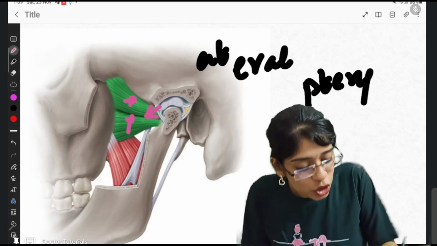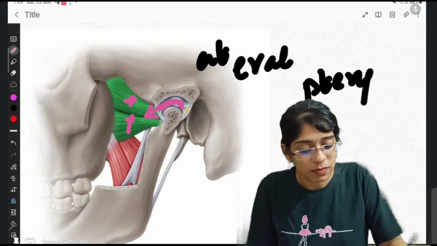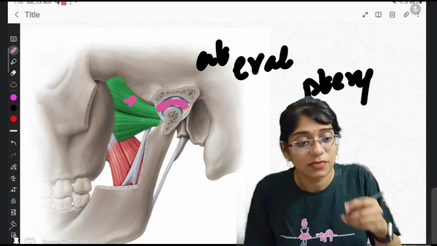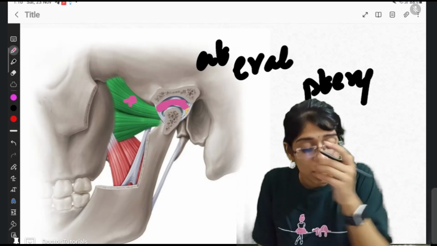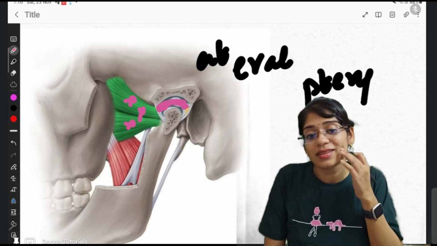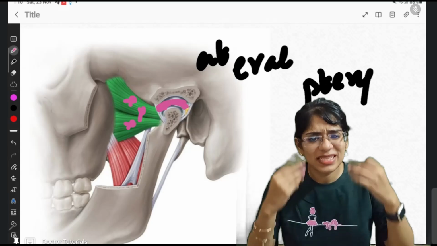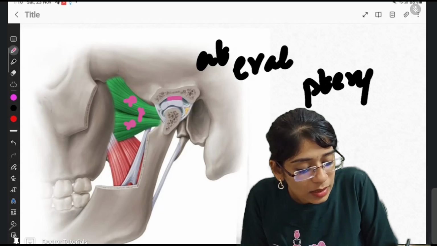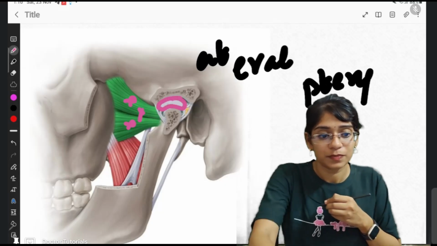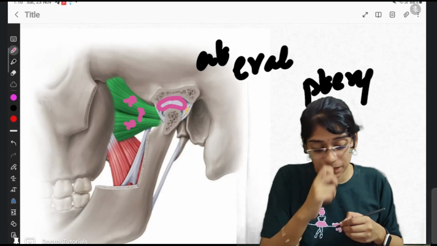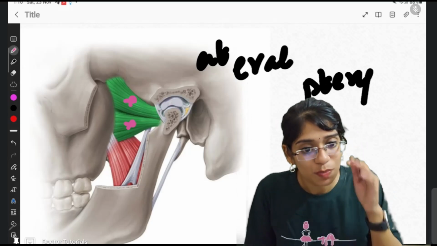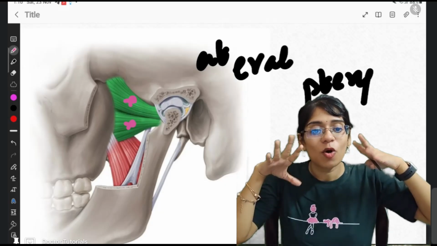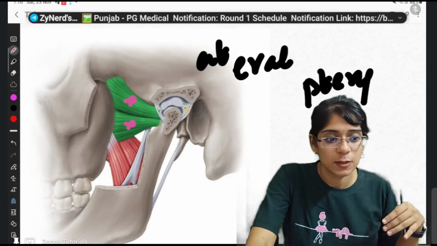This articular surface can get slightly dislodged when there is more tension in the lateral pterygoid, like in yawning. If it's excessive yawning, it can slightly dislodge this articular surface or articular disc. And because of this dislodgement, what happens? The movement of the jaw gets compromised.